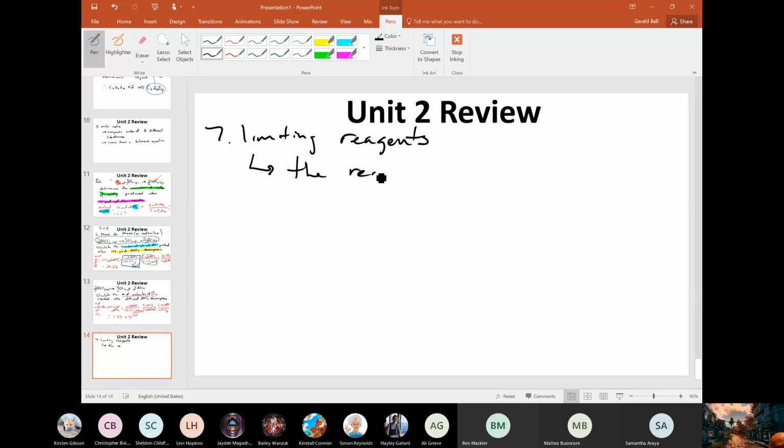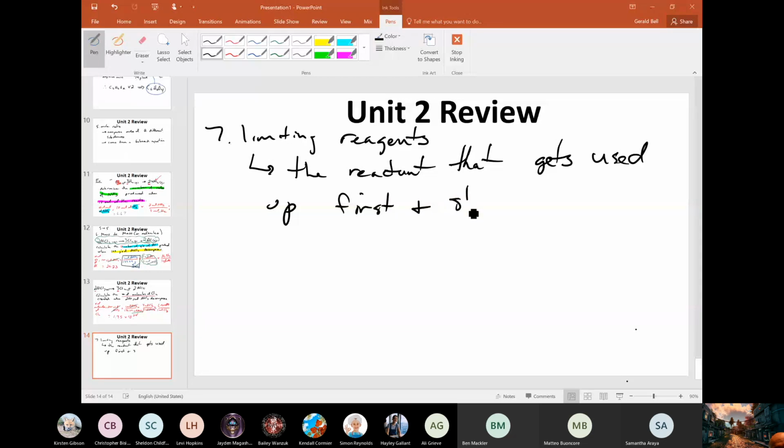The limiting reagent is the reactant that gets used up first and stops the reaction. So when one of the reactants gets used up, the reaction stops. That's your limiting reagent. And the other one that's left over is your excess reagent.